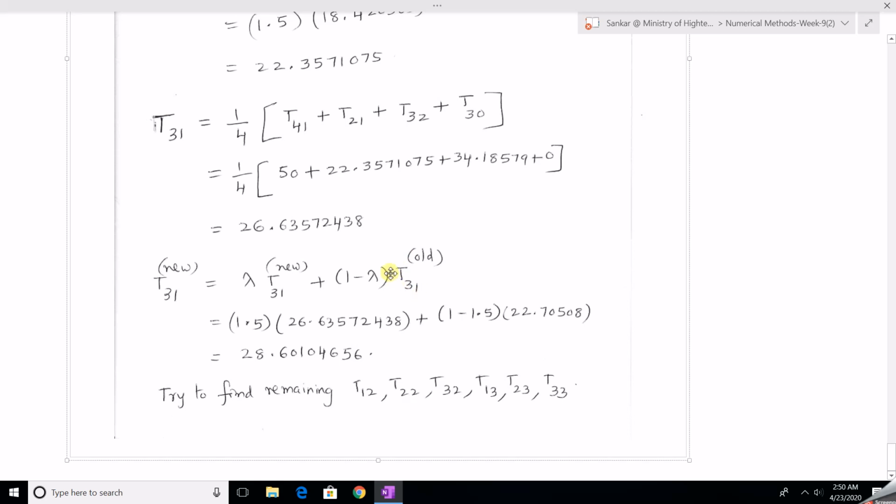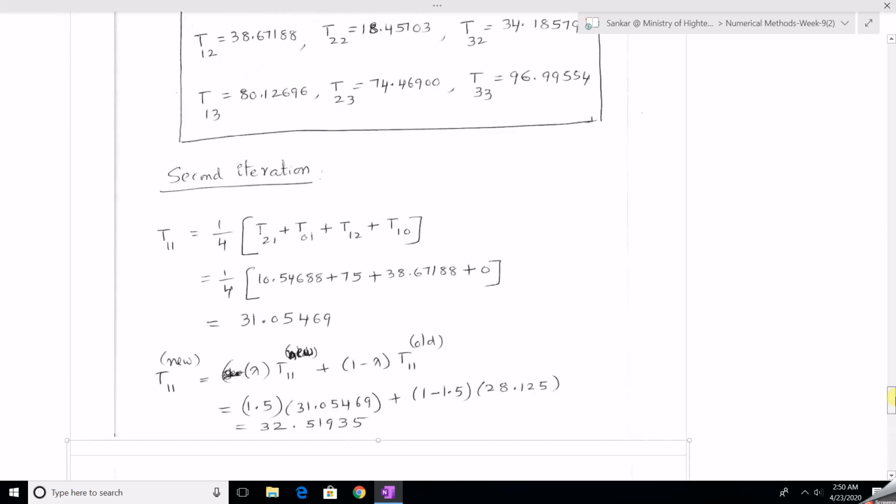So the temperature at the point 31 in the first iteration is this value. If we simplify, we will be getting 28.60104656. Thus we got the temperature at 31 in the second iteration.